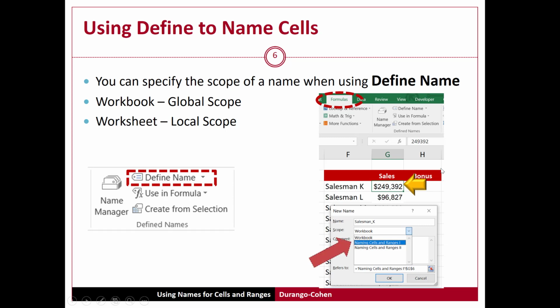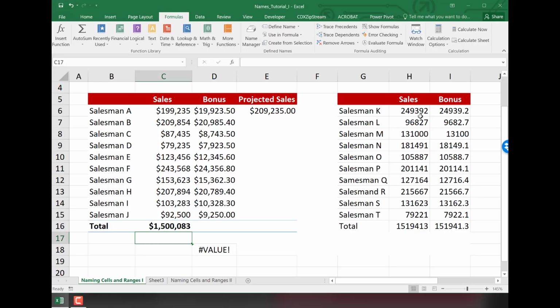And when I do that, I'm going to get this menu, and I'm going to tell it that I want to define that name, but I don't want it to be visible to all the sheets in the workbook, but rather only to this particular worksheet. And so let me show you what happens.